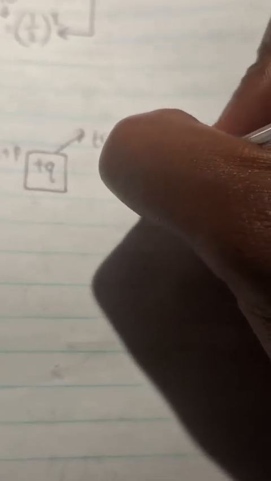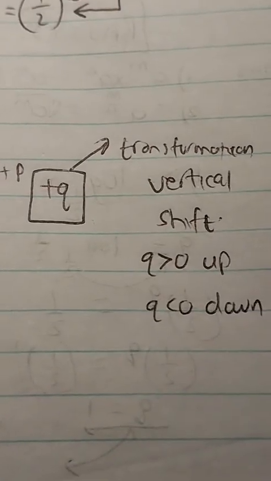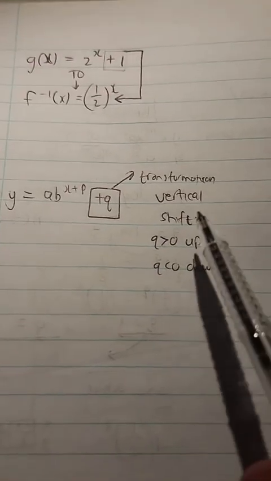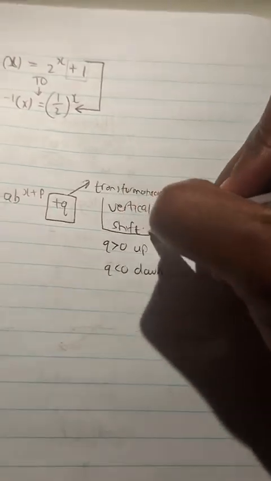We say this is vertical shift. When q is greater than 0, up movement. Q less than 0, down movement. So let's be very careful. Q has to do with transformation, vertical shift.